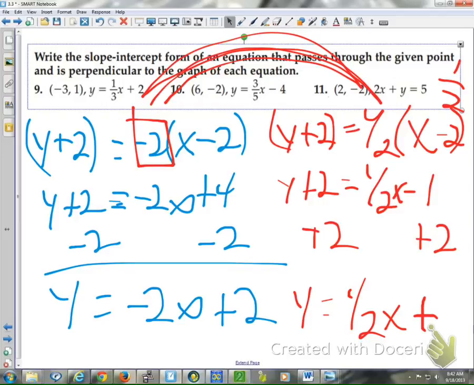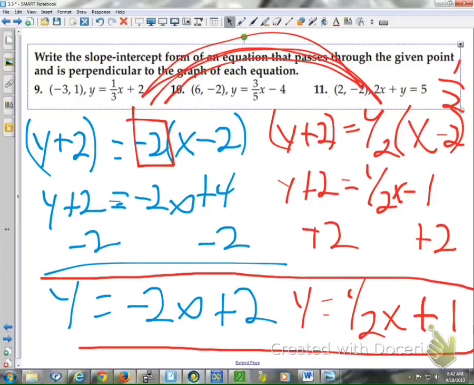What's 2 minus 1? 1, okay. So y equals 1/2 x minus 1. So there at the bottom are my two answers. The blue one is parallel. Wouldn't it be subtract 2? Yeah. Oh, touche. It would be subtract 2. Minus 2, minus 2, which would make this minus 3. Good catch.